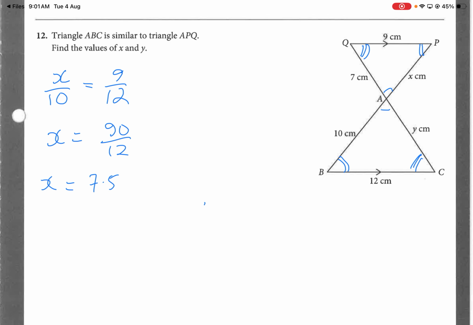Part B, form the equation. You want to find y. Y is corresponding to 7.